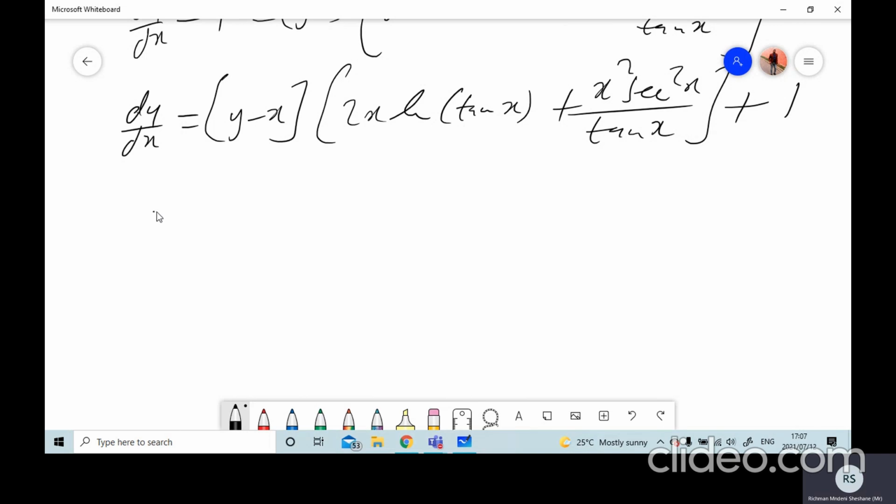So this dy dx would be y, and my y we said is tan x to the power of x squared plus x. Okay, this is my function y, you remember, and don't forget this minus x here.